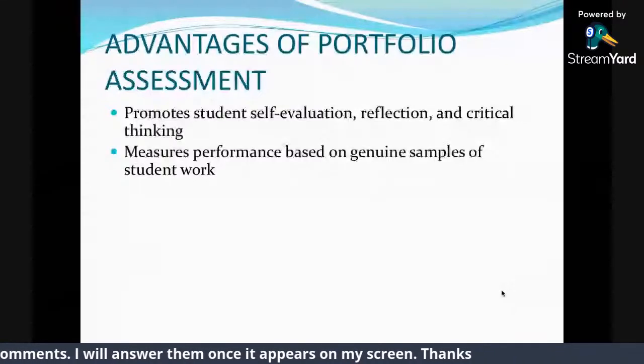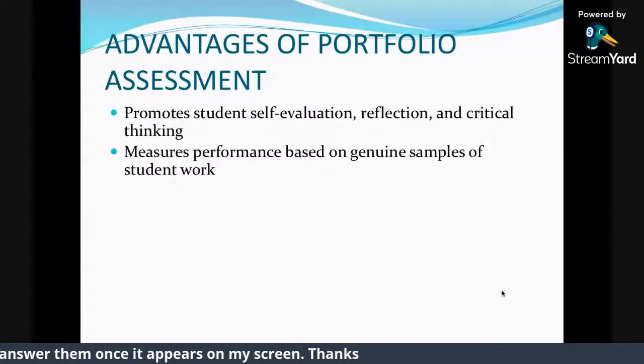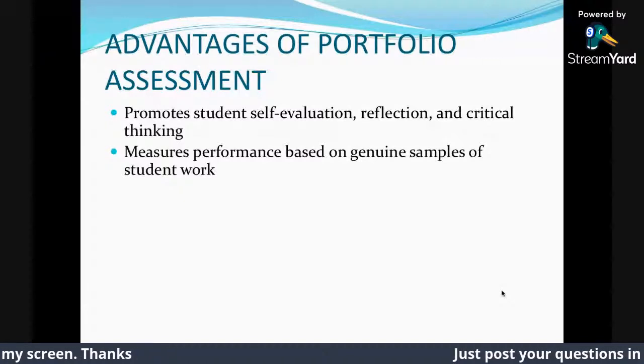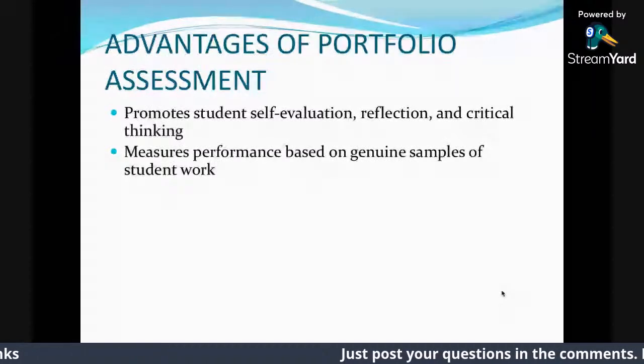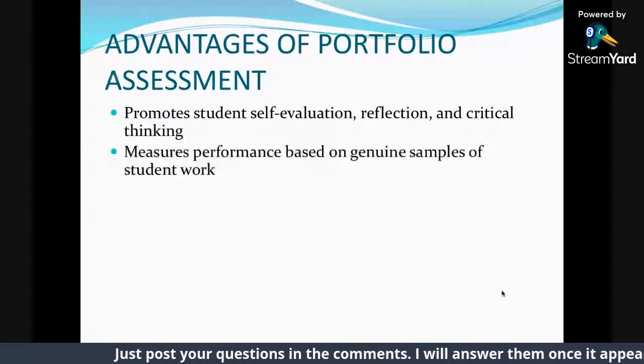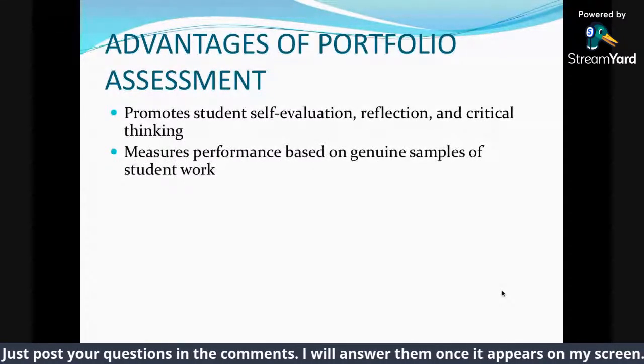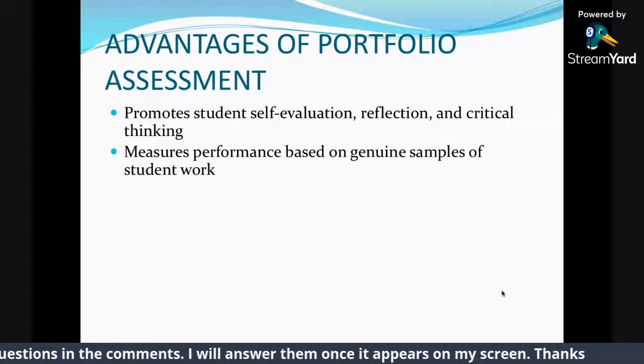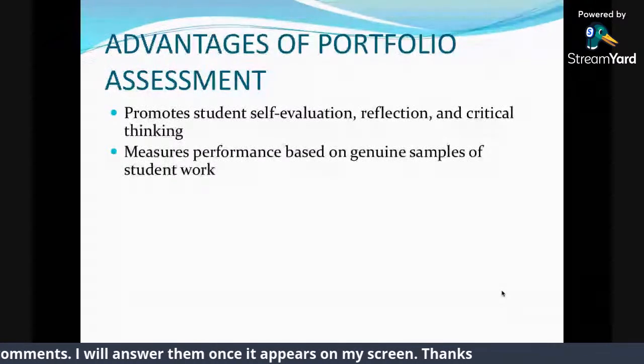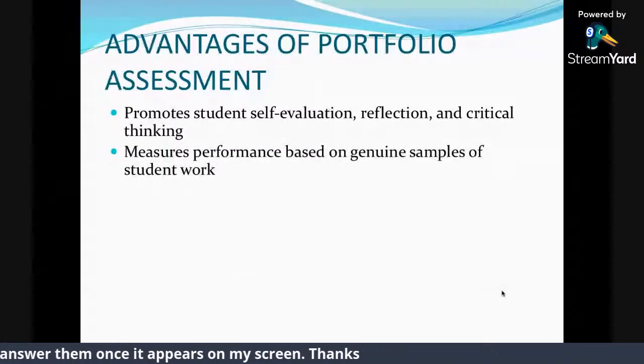And next, we have measures performance based on genuine samples of students' work. Okay? So the performance of the student now is based on what the students have placed in their portfolio. Okay? Sila yung naglagay doon.